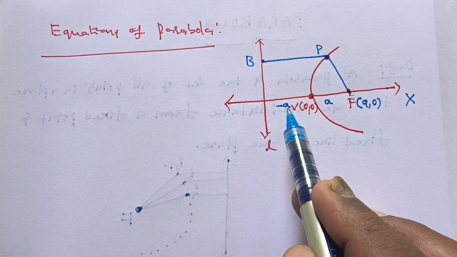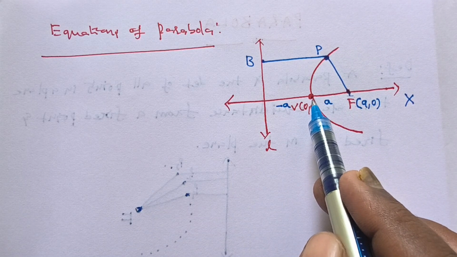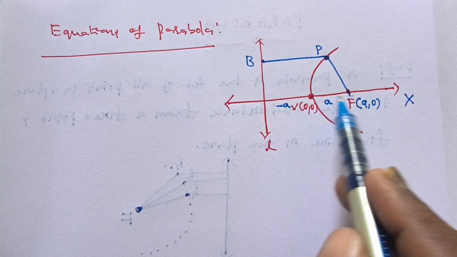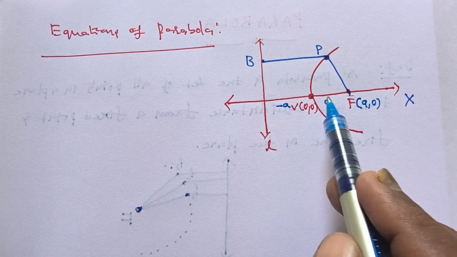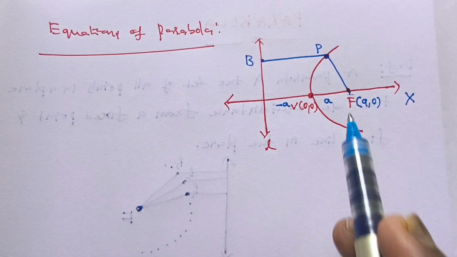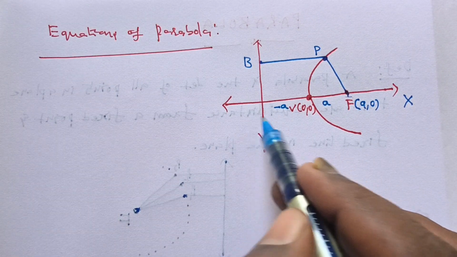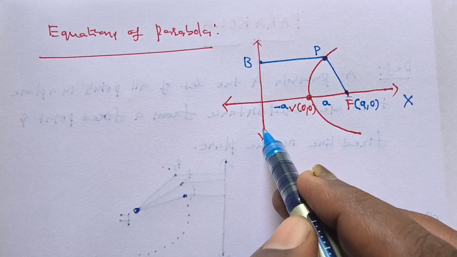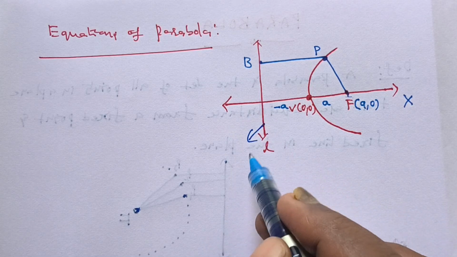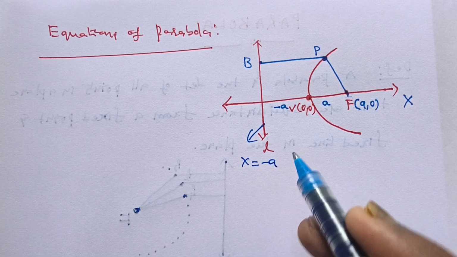So it's minus A because the distance from this point to this line and to this fixed point are the same. That's why the directrix equation is x equals minus A.